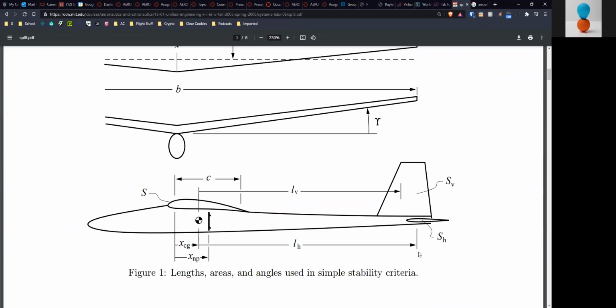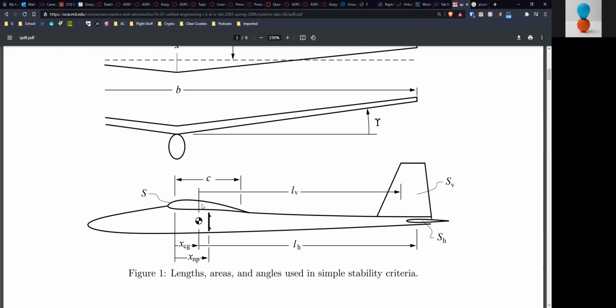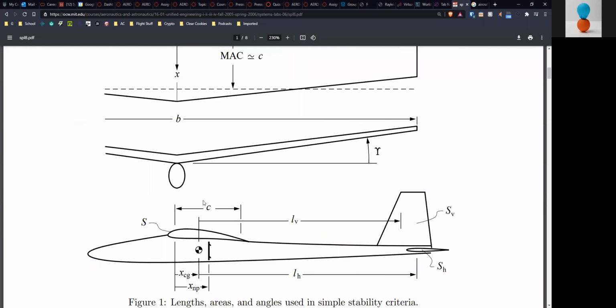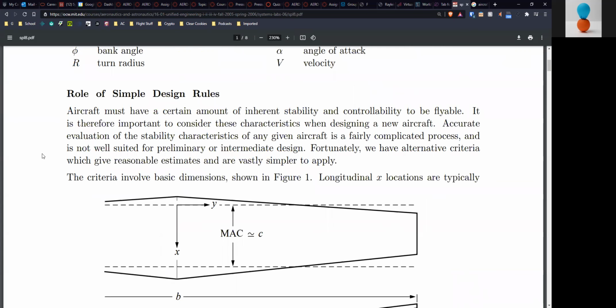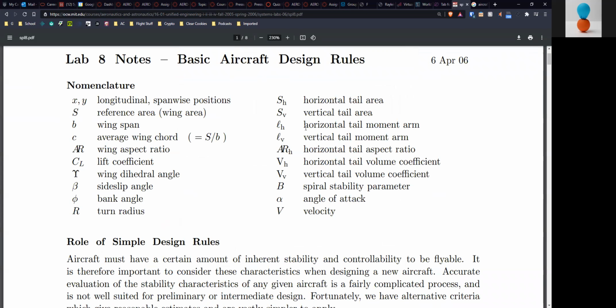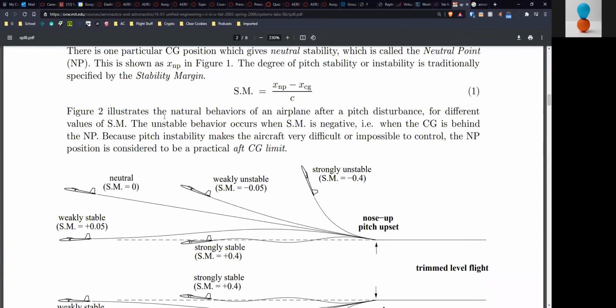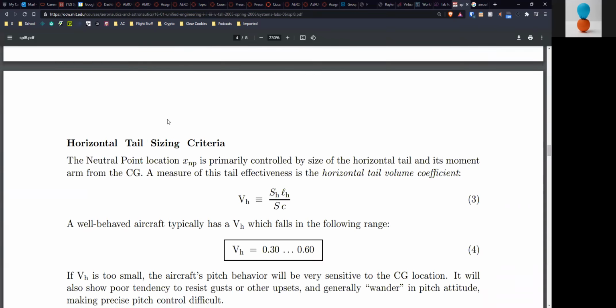So L_H, oh, sorry, I guess it's to the CG. Oh yeah, okay, so it's just the moment arm for that.